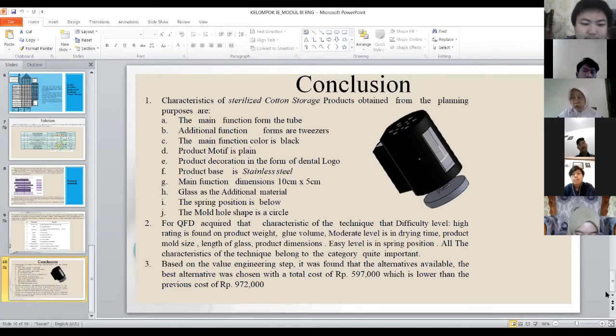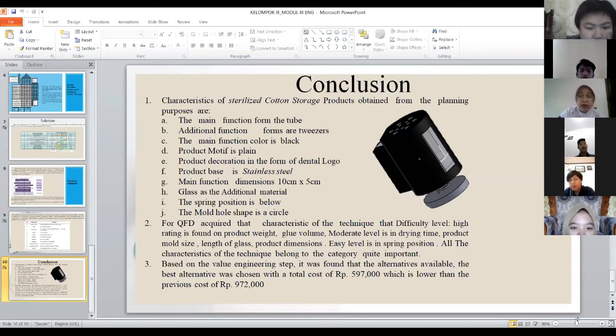Thank you. So you didn't mention the opinion of the dentist, only the customer, because on the health side, the dentist knows much more than the customer, because you want to construct the cotton storage.